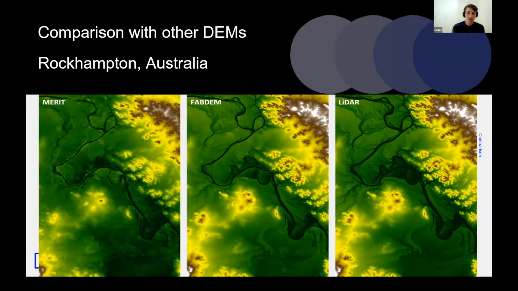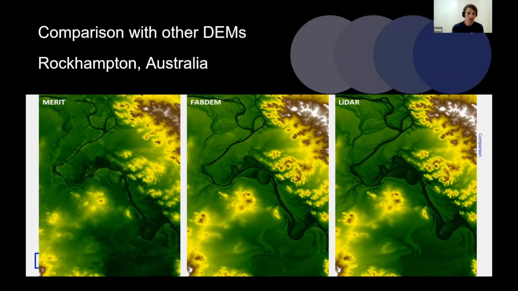So as Laurence was saying, I think we would consider previously Merit DEM to be the most suitable or the best option of global terrain data sets for our purposes. And so that's been the focus of our comparison.